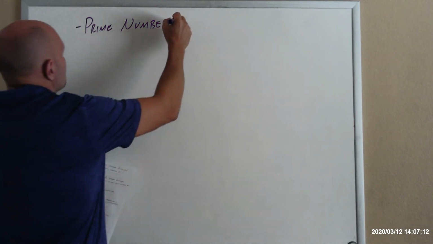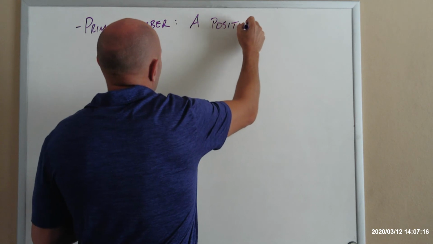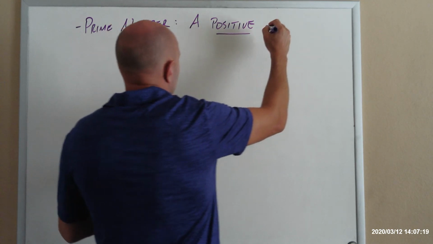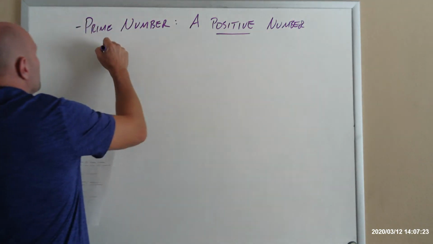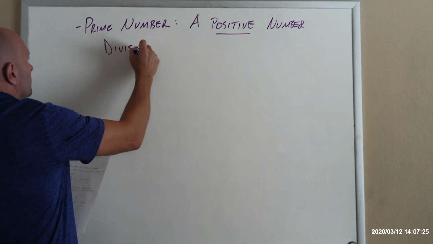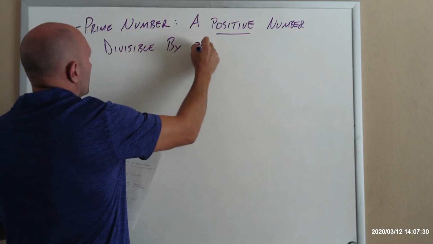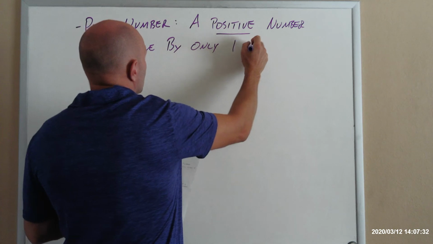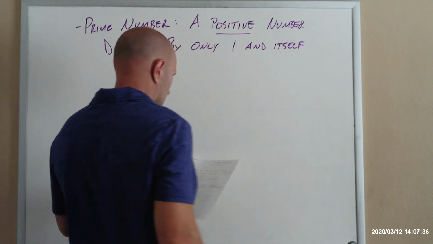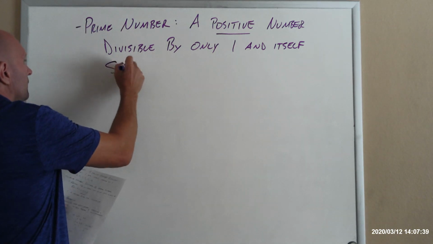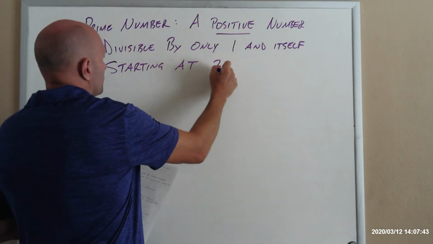And the definition for a prime number is a positive number divisible by only 1 and itself, starting at the number 2.